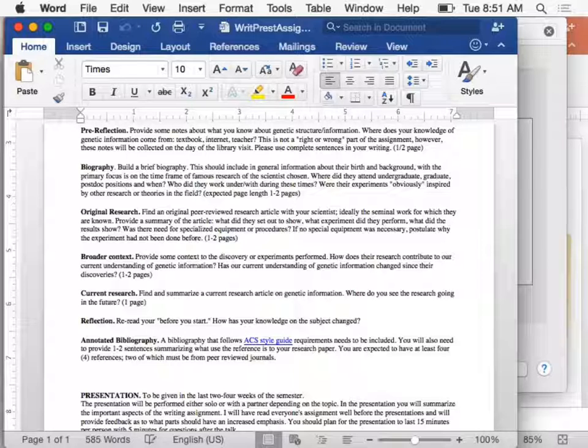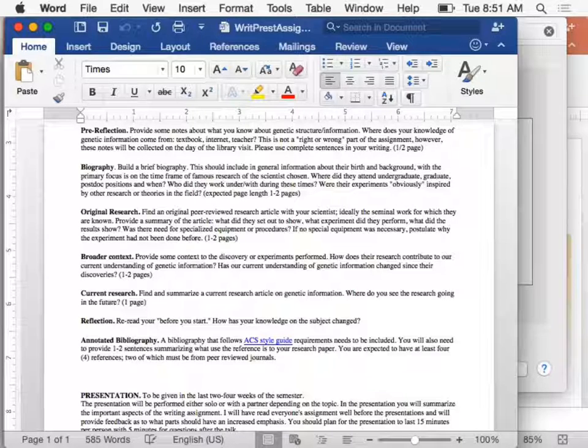Okay? Evaluating that article, pretty much doing kind of what you're doing for the assignment that we will be talking about later today, the one that's due in March. Looking at what the different sections are, how did they design the experiment, what was the result of the experiment, what does that mean for the broader scientific community, that kind of deal.